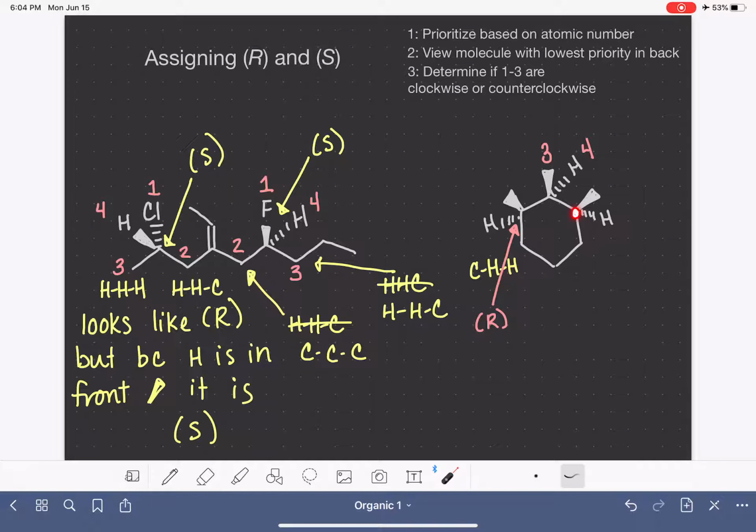So this carbon right here is a hydrogen, carbon, carbon. And I'm going to erase this. Now we're comparing to this guy right here. That's a hydrogen, carbon, carbon.